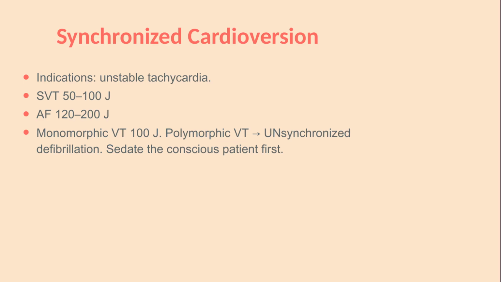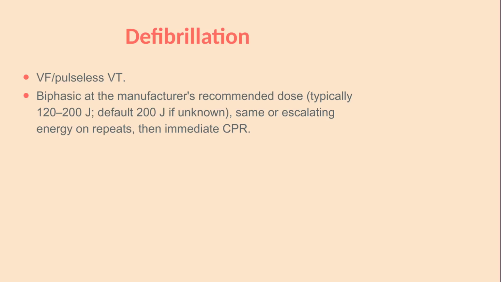Pad position matters less than firm contact, and anterior-posterior placement is a reasonable choice for atrial fibrillation. If the rhythm is pulseless or the synchronizer cannot find an R wave, abandon synchronization and defibrillate. Defibrillation is the unsynchronized shock, and it has exactly two indications: ventricular fibrillation and pulseless ventricular tachycardia.